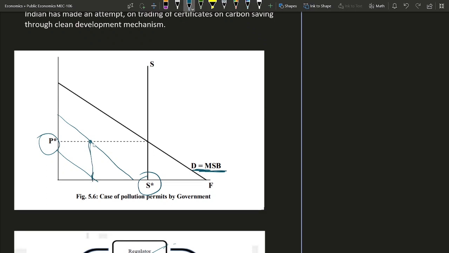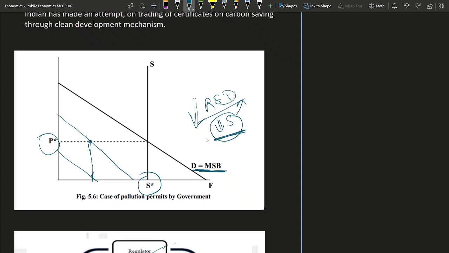So the firms have two clear choices: either invest in R&D and bring down their pollution level, so they need to buy fewer pollution rights from the market, save on pollution rights and invest in R&D to bring down their pollution level further. Or if they are not able to invest in R&D or bring down their pollution level, then they must buy the required number of pollution rights from the market. If they are not able to afford those pollution rights, then they will simply exit the market or close down.